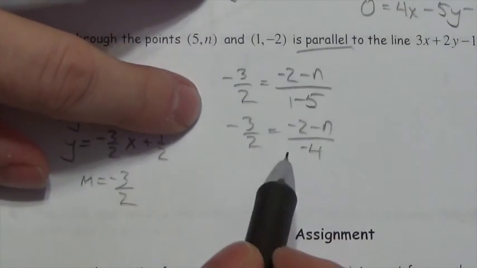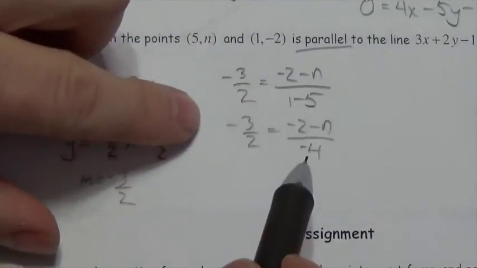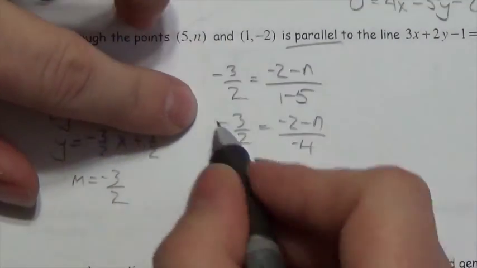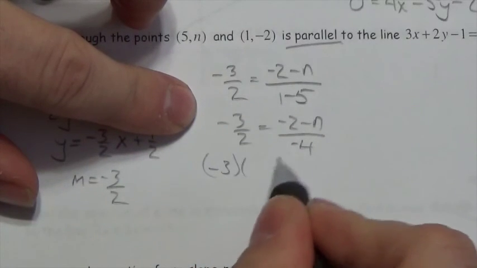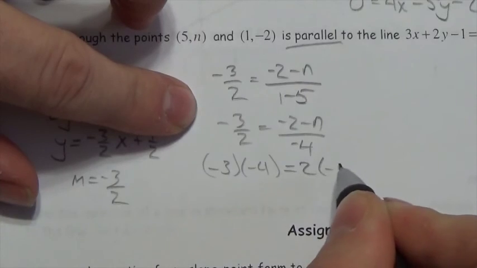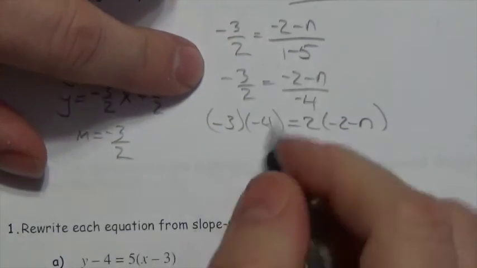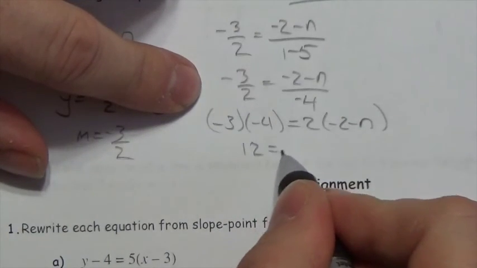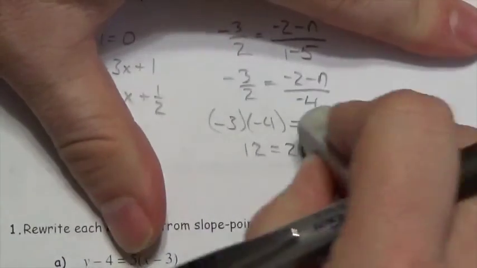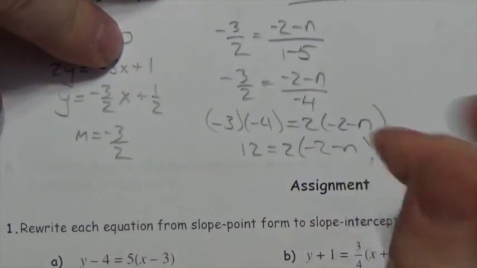And now remember what we've done in the past here. When I've got fraction equal to fraction, remember I can think cross-multiplying essentially, that if I take this numerator and multiply it by the denominator on the other side, I get the same result. And so now this is going to become positive 12 is equal to 2 times negative 2 minus n.